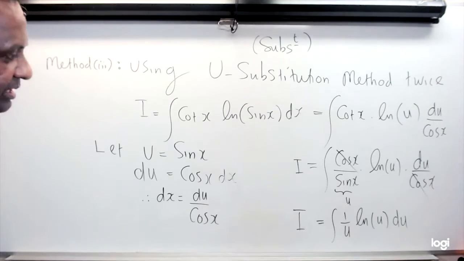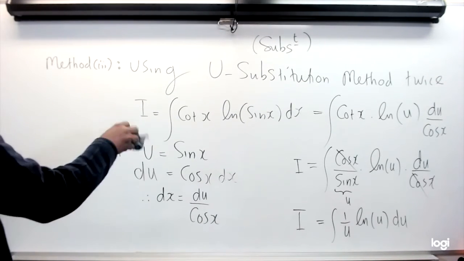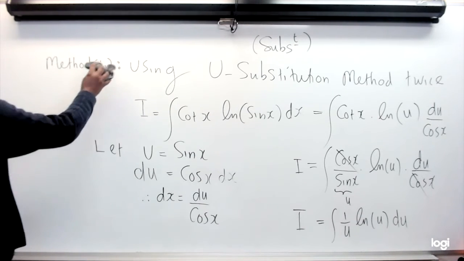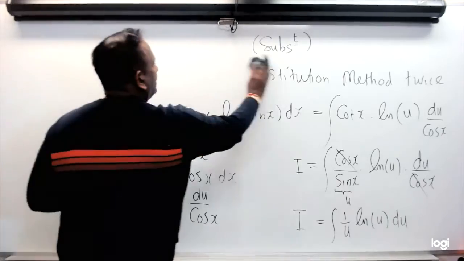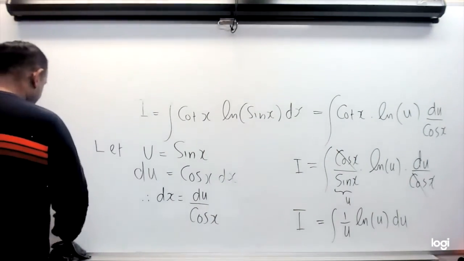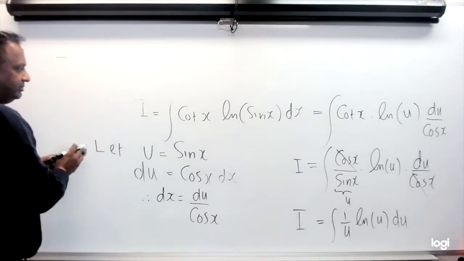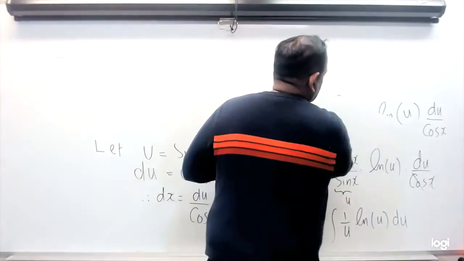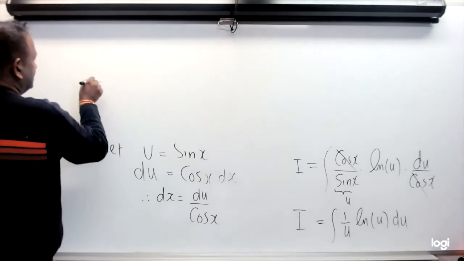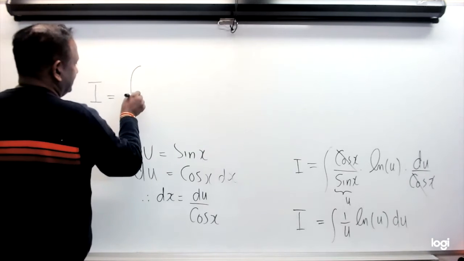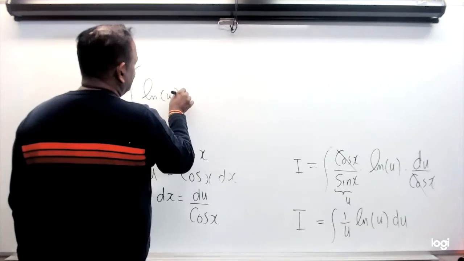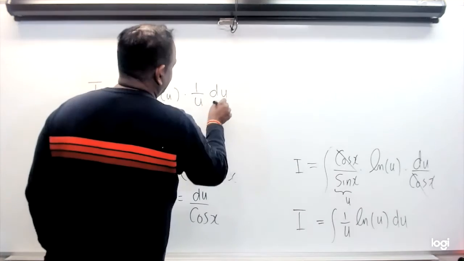Since we are planning to use another substitution twice, I'm going to say the ln u is v, or you can split this one into two parts. I'm going to write ln u first for my convenience, then 1 over u du.